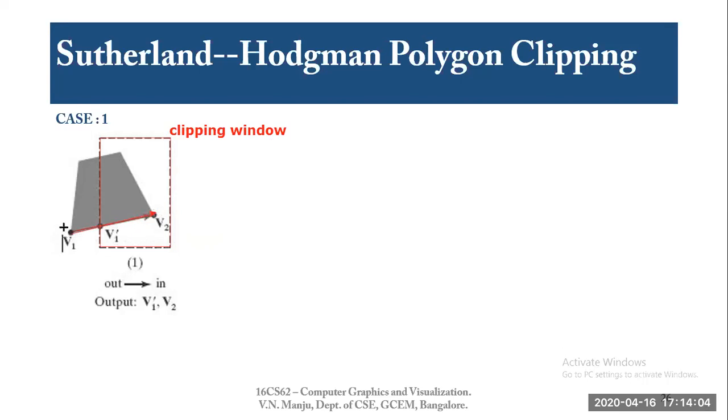This is one vertex and this is another vertex. When it goes from outside to inside, I will take this as the intersection point. So I can call this the intersection point. This intersection point will be considered.